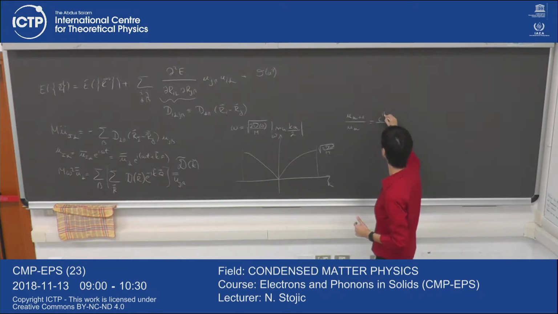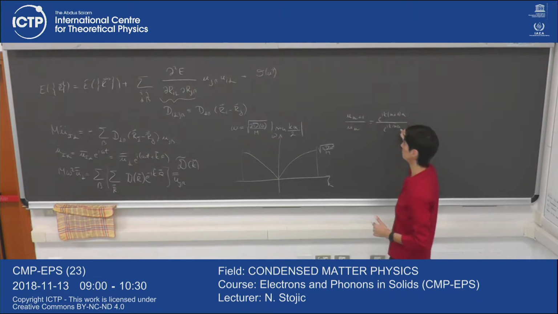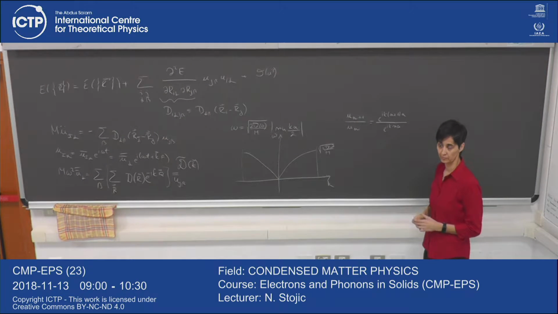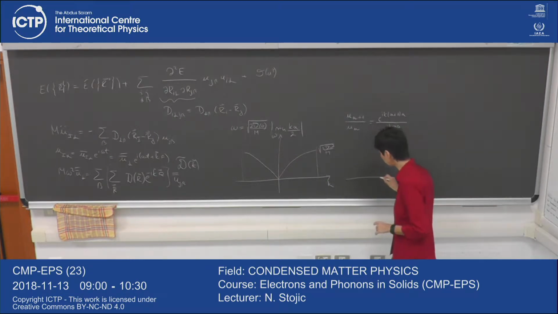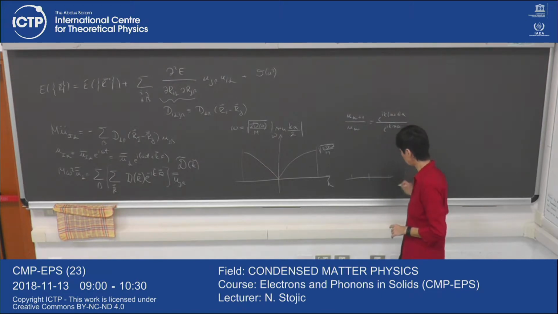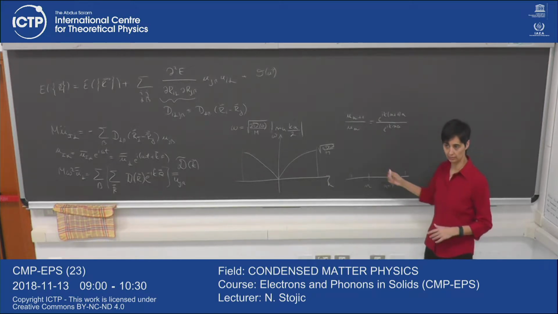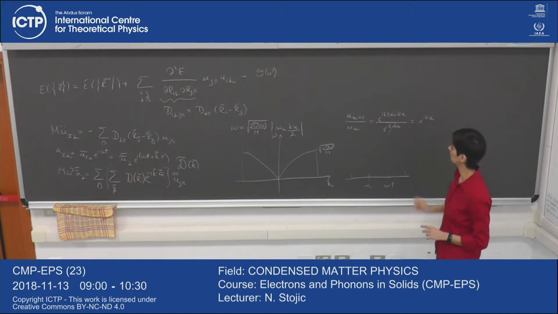I will have e^(ik(n+1)a) over e^(ikna). Okay? R is na. So I'm just looking at the relationship between displacements in two cells, the atom n and the atom n plus 1. How they move. And this is equal to e^(ika).